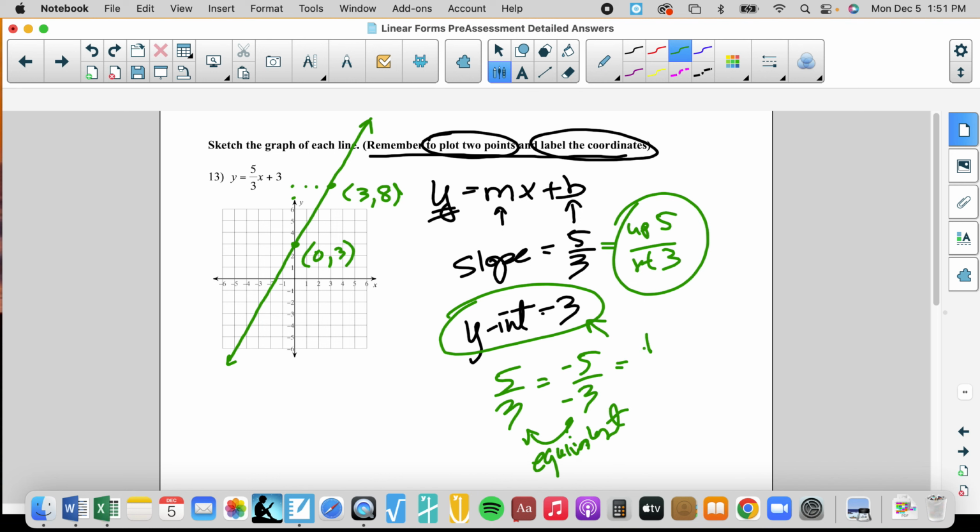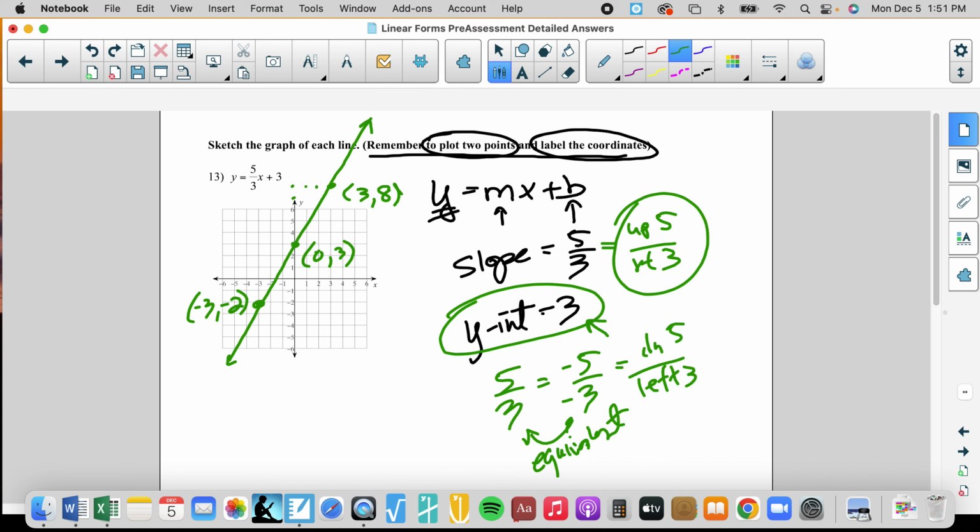So this would mean down 5, left 3. Down 5, 1, 2, 3, 4, 5, left 1, 2, 3 takes you to this point. And that coordinate is a little bit easier to see, -3, -2.